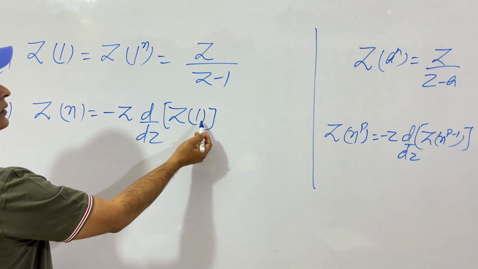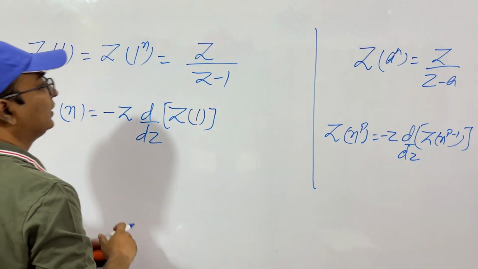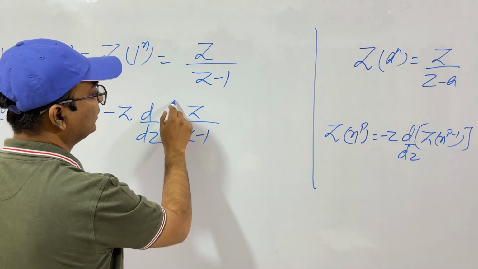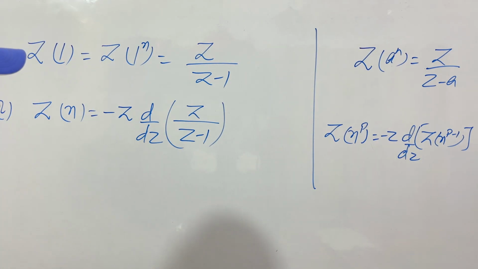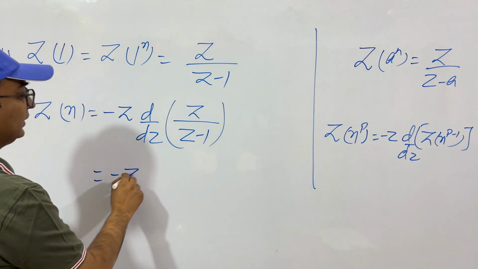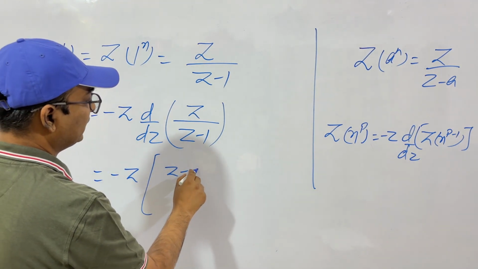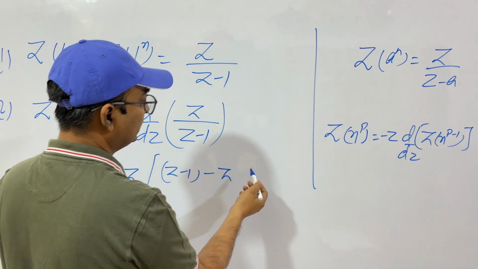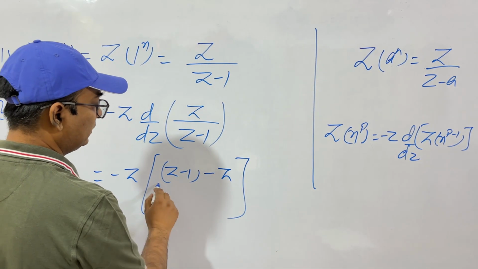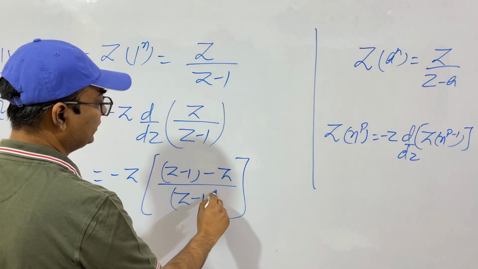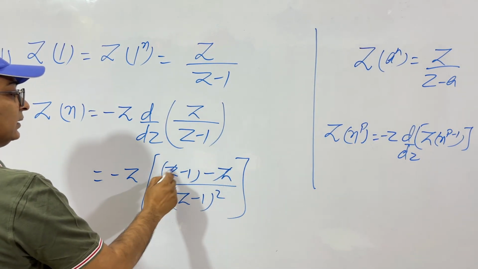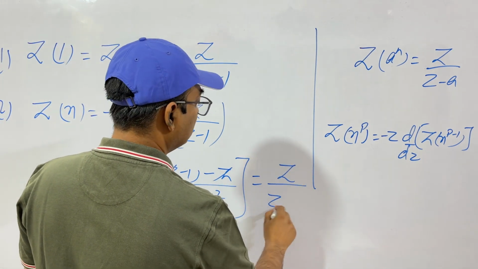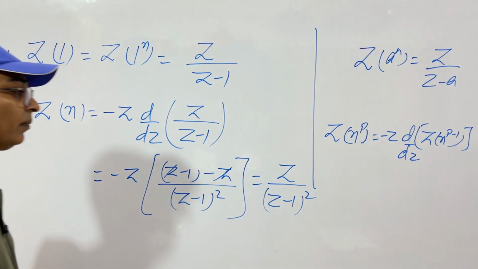And you know what Z of 1 is. Z of 1 is z by z minus 1. So this is minus z d by dz of z by z minus 1. First is z minus 1 times d by dz of z, which gives 1, then minus z times 1, and in the denominator you will have (z minus 1) squared. So z cancels, minus minus becomes plus, and what you get is z by (z minus 1) squared.